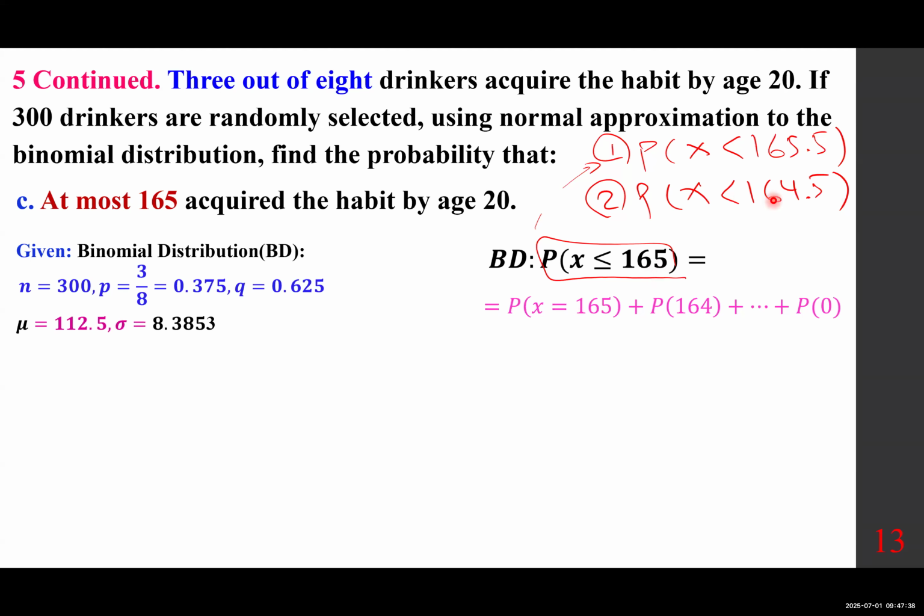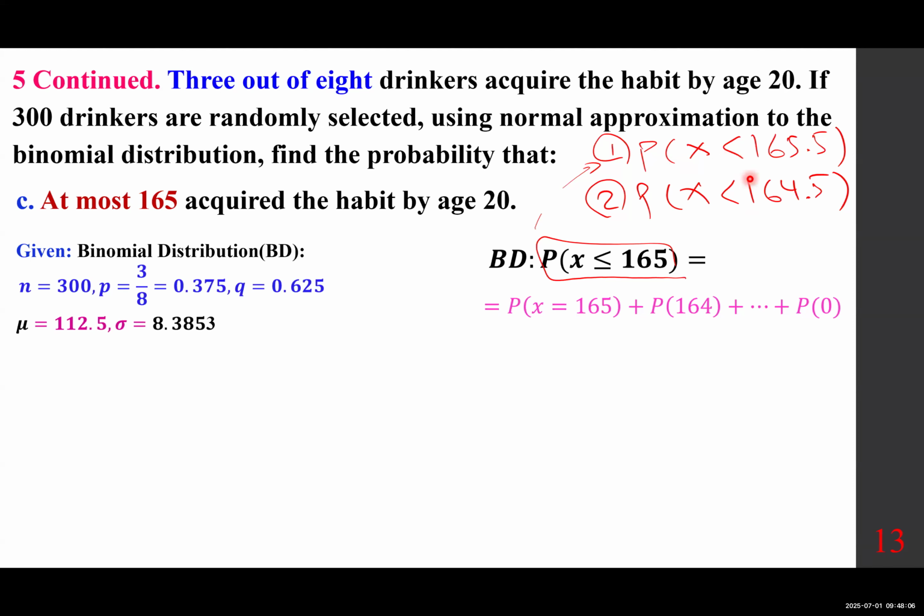If I go here, less than 164.5, and by the way, whether I put equality or not, it makes no difference. For binomial distribution, it does make a difference. If you put less than, 165 is not there. But for continuous probability distribution, such as normal, it makes no difference because one point has a probability of 0.